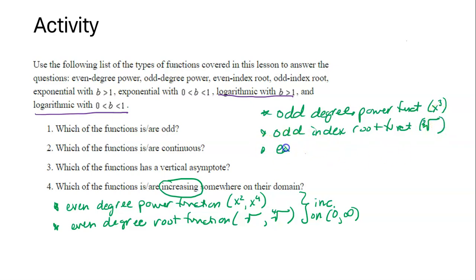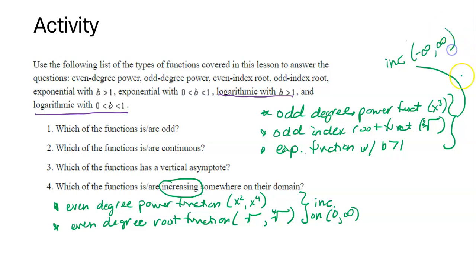And I have exponential function with b greater than 1. These are all increasing from negative infinity to positive infinity. Okay? And then the last one I have, I'll put it down here, just one more, log function with b greater than 1 is increasing from 0 to infinity. And that's it. Let me know if you have any questions.